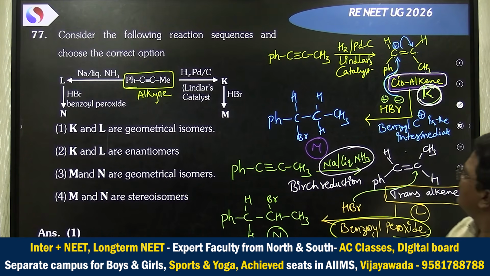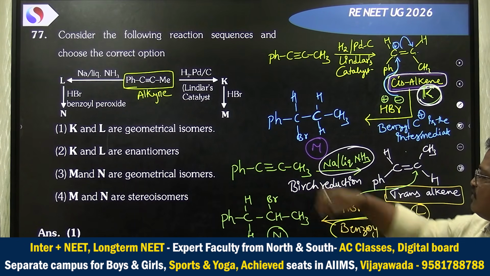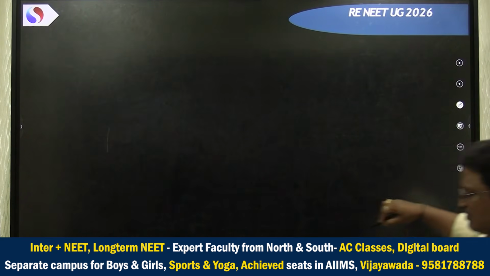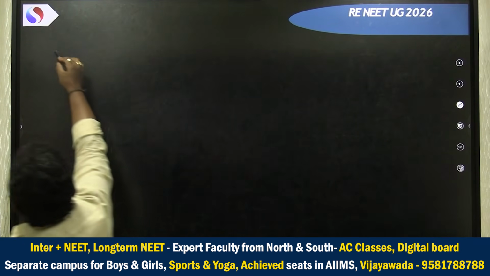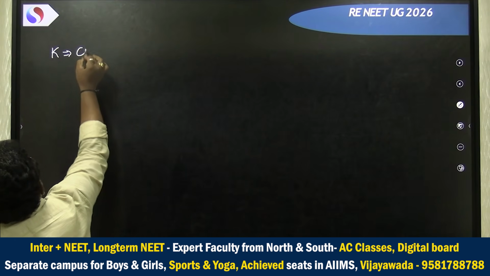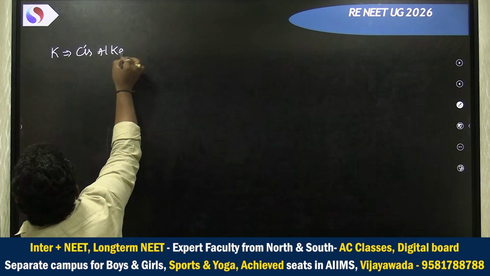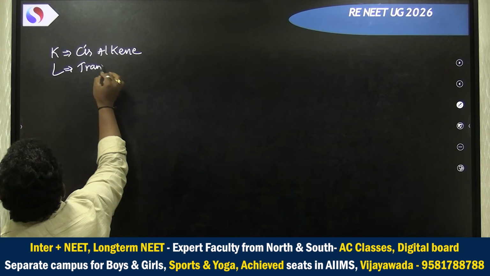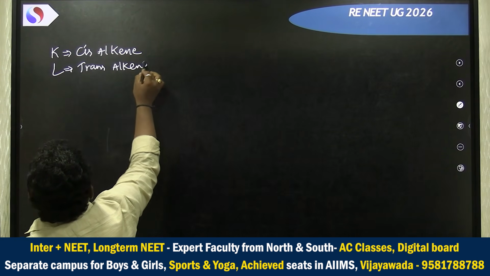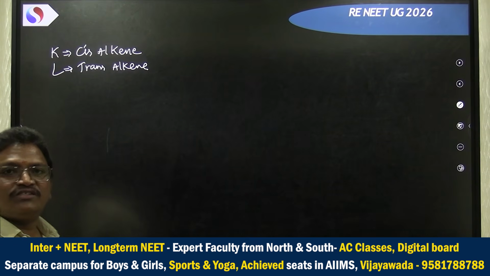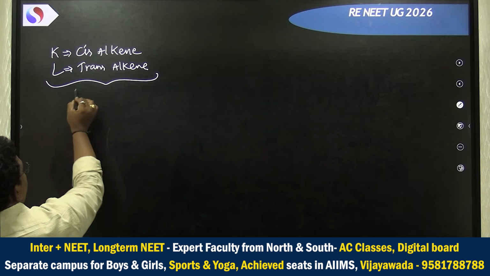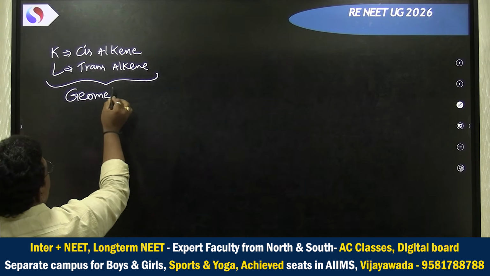And the other one is L. L is nothing but trans alkene. So one is the cis form, another one is the trans form. Are these two geometrical isomers or not? Definitely both are geometrical isomers.